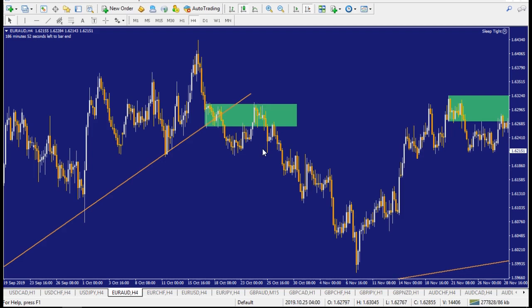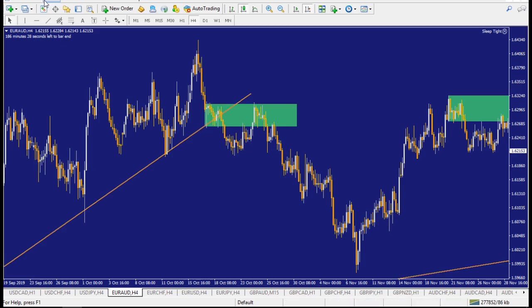We anticipate another move down, and there is another formation here. When the market does this formation, this is the zone, isn't it?